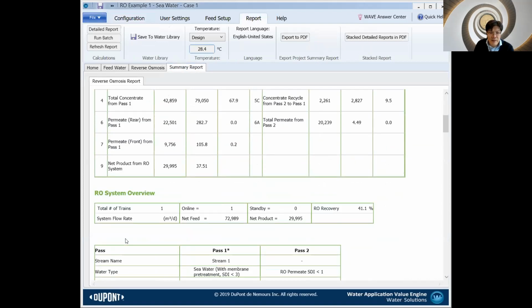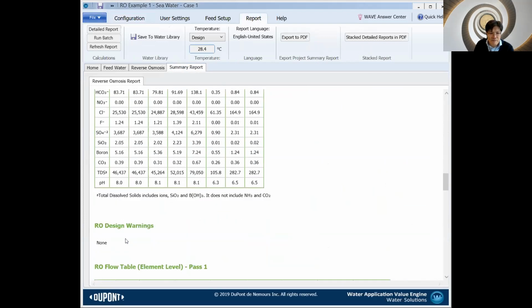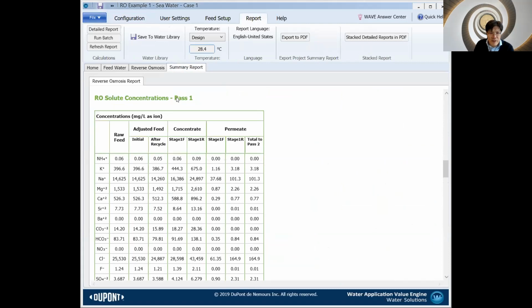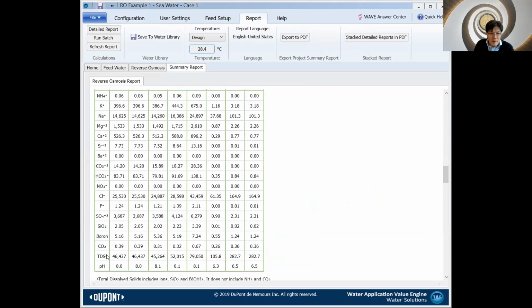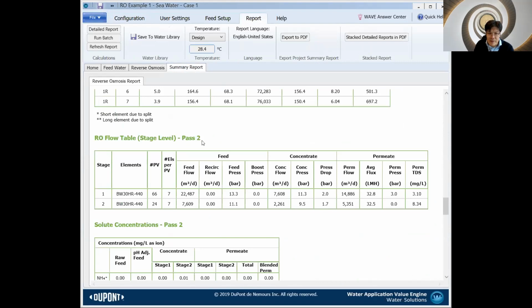So let's say this is the first pass, and the boron concentration in the influent was 5 milligram per liter, but after the first pass, the boron concentration in the permeate is 1.24 milligram per liter. So we need to go through a second pass.